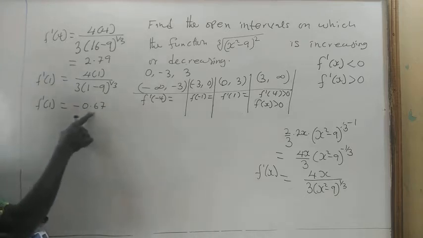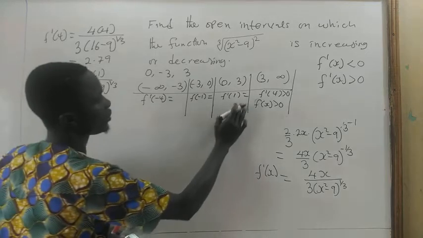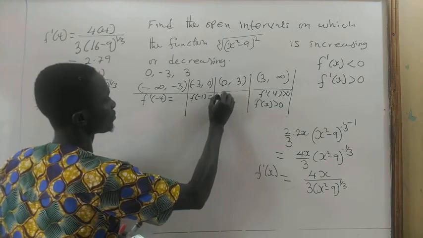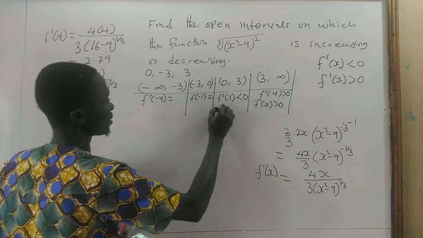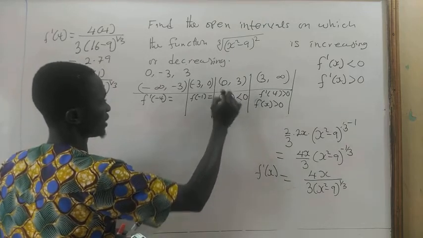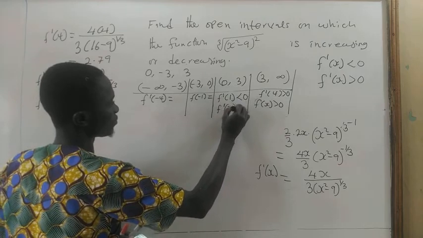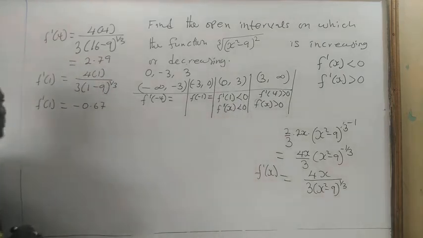And you see that this is less than 0. So here we have f prime of positive 1 to be less than 0. That is, any value on this interval will also be less than 0. Correct as that.